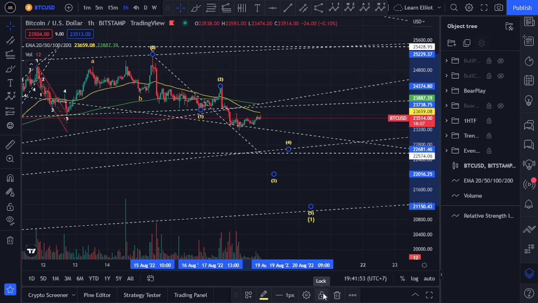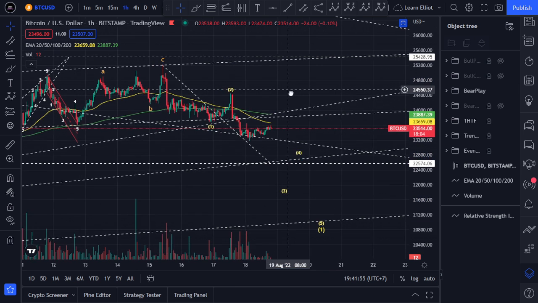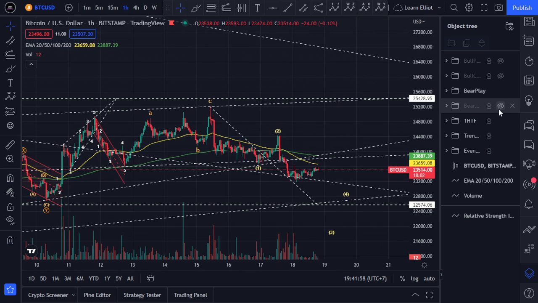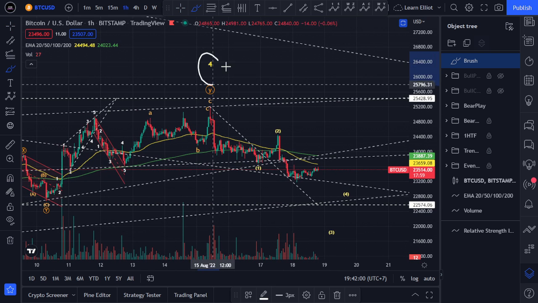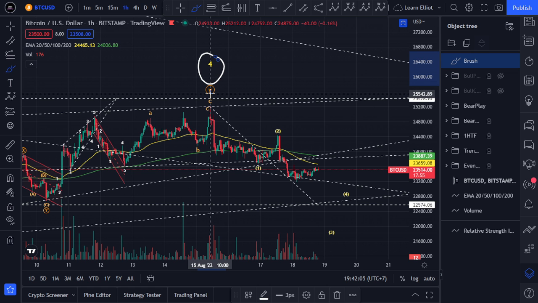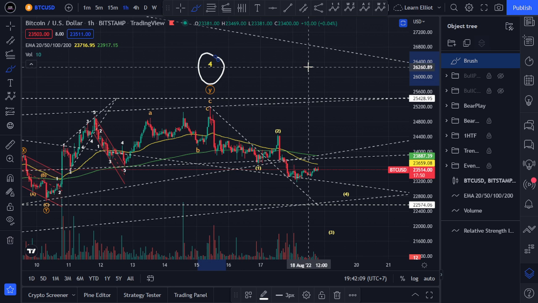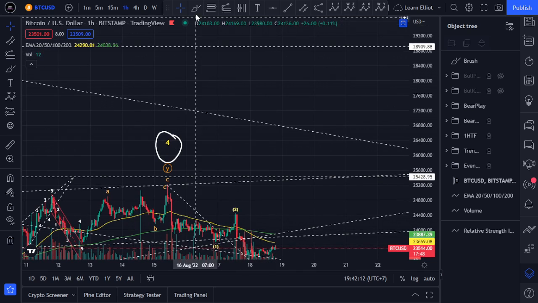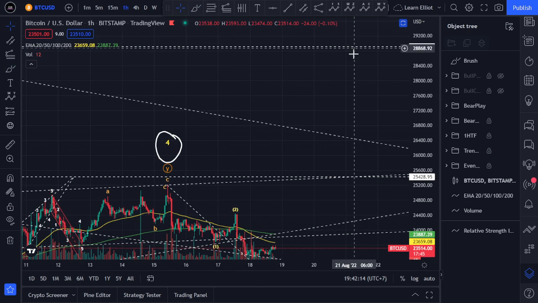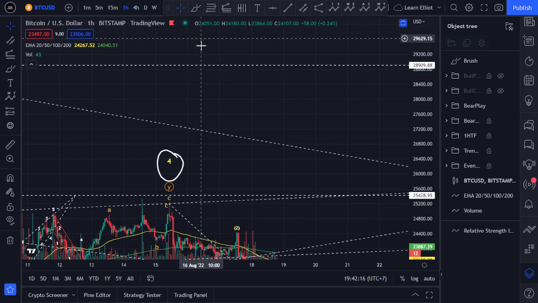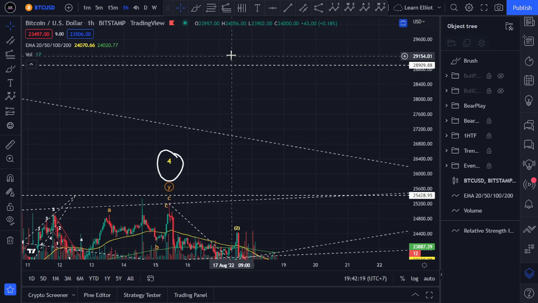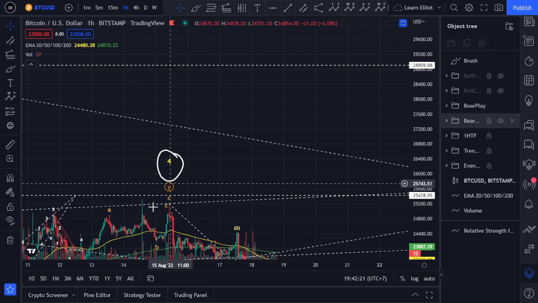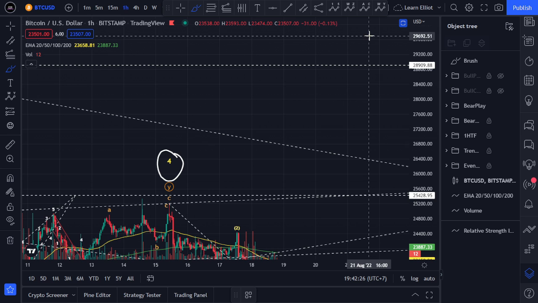So it's safe to assume that the bear case scenario might not be in play, or this fourth wave here has not been completed yet, and we are able to extend the WXY corrective pattern to a triple corrective pattern, which is WXYXZ, to complete the fourth wave here. And even if the coin price moves to around 30k, the bear case scenario might still be able to play. We can still use the WXYXZ pattern to complete the fourth wave here, even if the price moves above 30k.